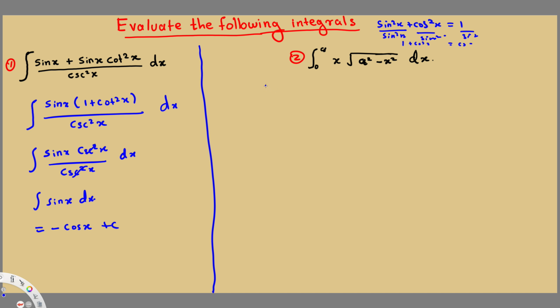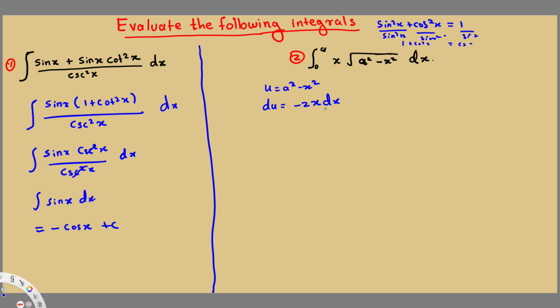So let's pick u as a square minus x square, and if I take the derivative, since a is a number, that term will become 0 automatically, right? So here we are going to have minus 2x, that is, du equals minus 2x dx.